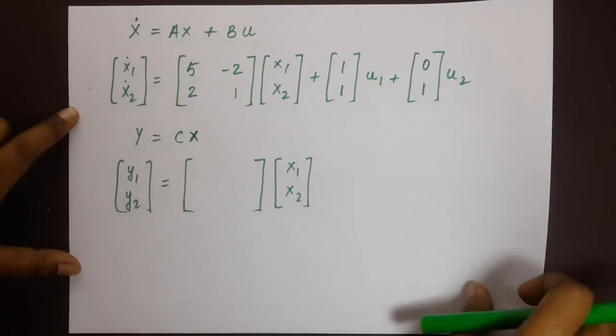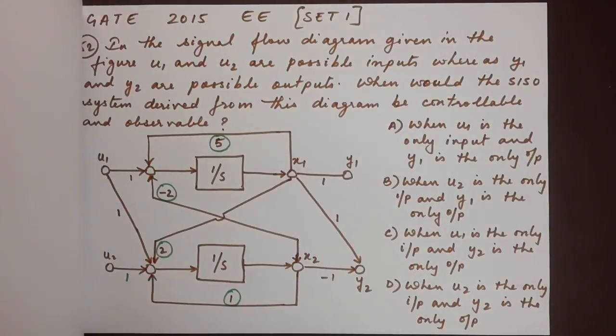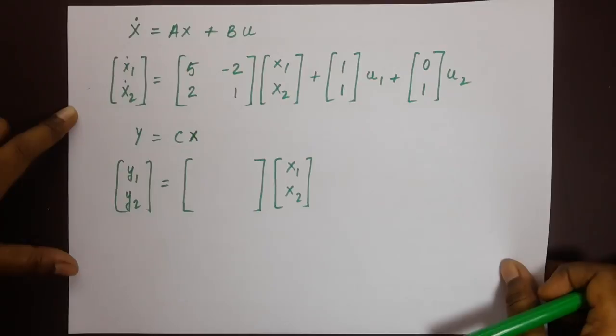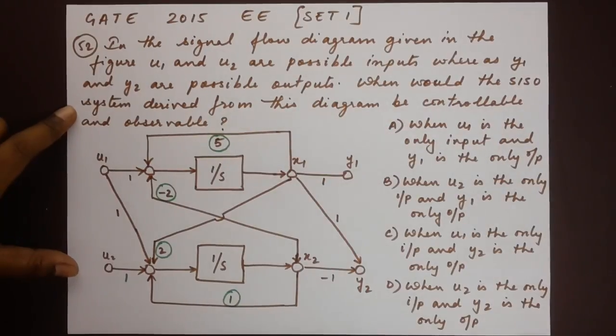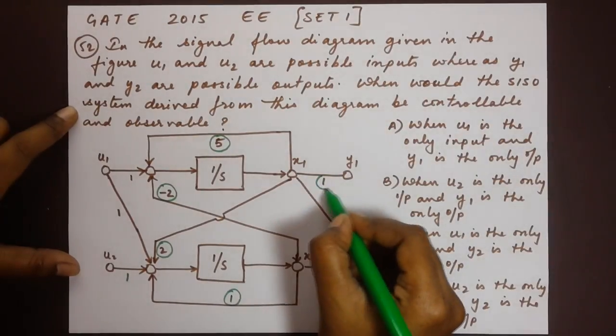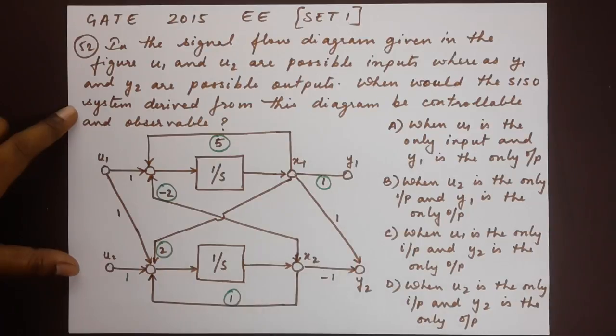Let's look at our block diagram again. Here we have y1, the value 1 from x1, if you observe. That's the only thing that is available from x1 in terms of y1. So for x1, y1, we have a value 1.